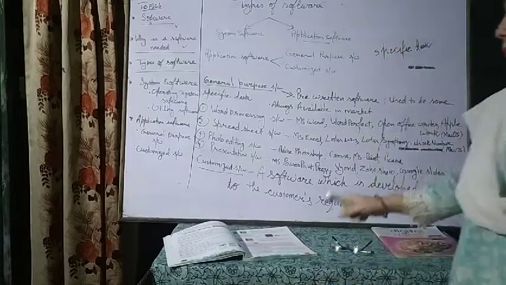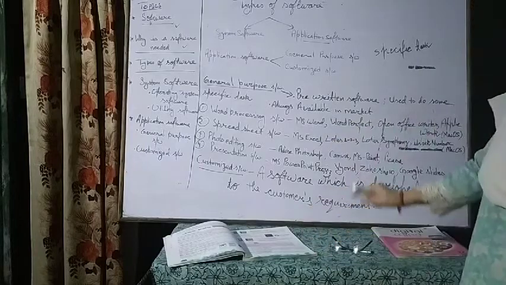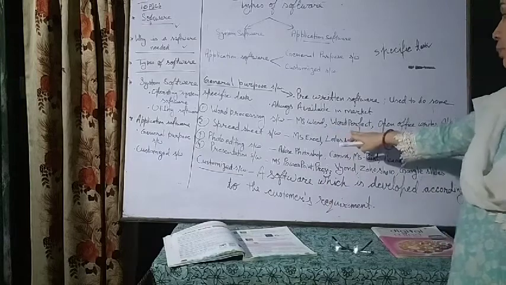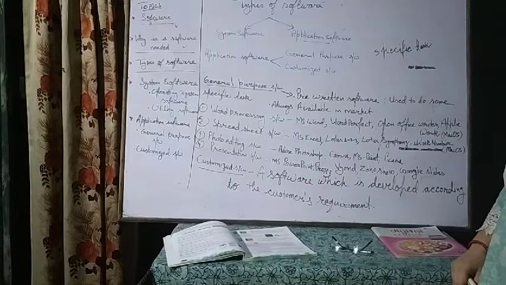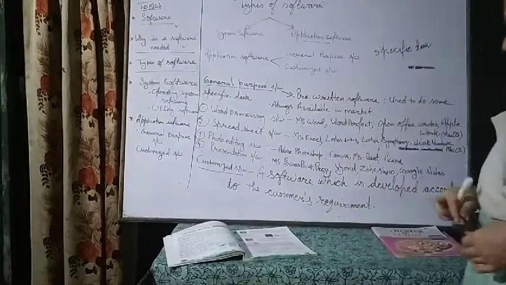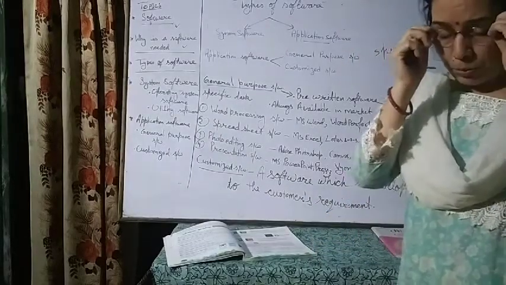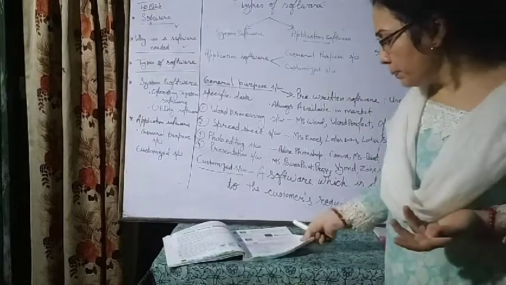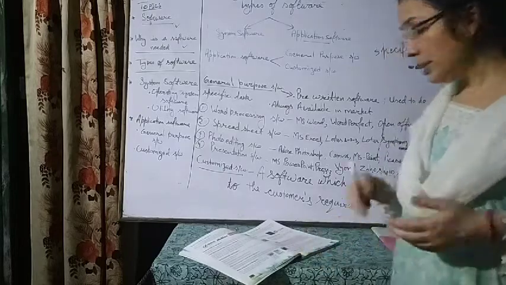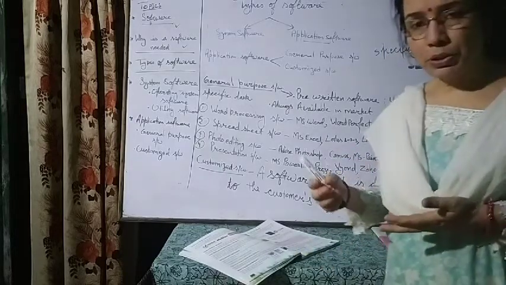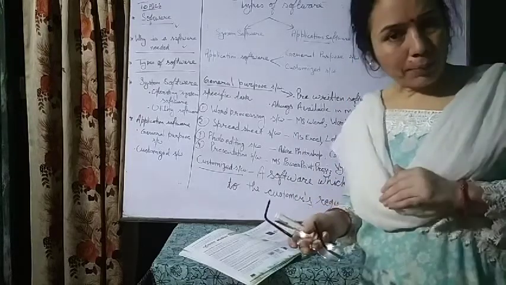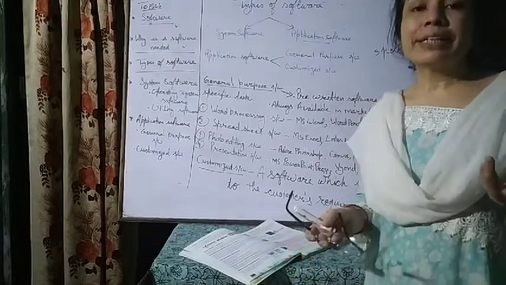Many word processing software are in the market: MS Word, WordPerfect, OpenOffice Writer, Apple Works, and in your book also WordPad is given. WordPad is not word processing software, but it is given in your book. Then Apache OpenOffice Writer. These are word processing software used for creating text documents.